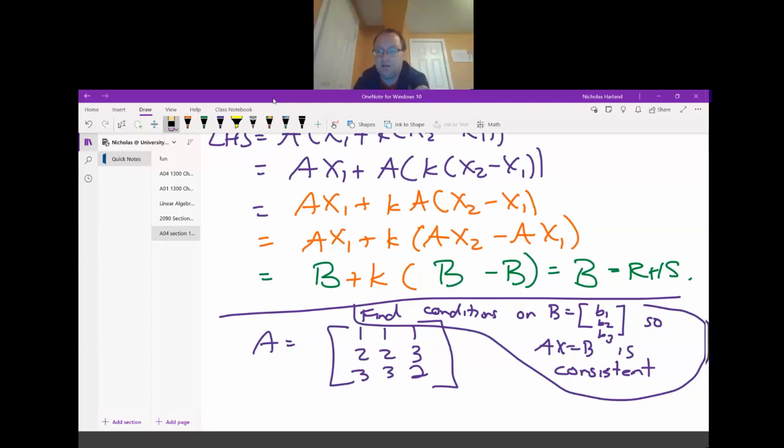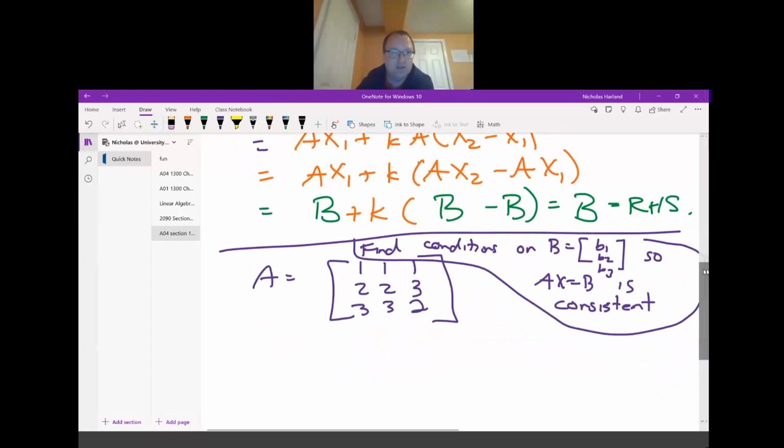Because if you believe me that this matrix is not invertible, then it's going to be consistent for some and not for others. And as somebody mentioned wonderfully, we can turn this thing into an augmented matrix and just row reduce and then figure it out.